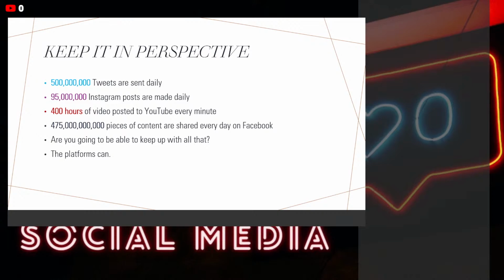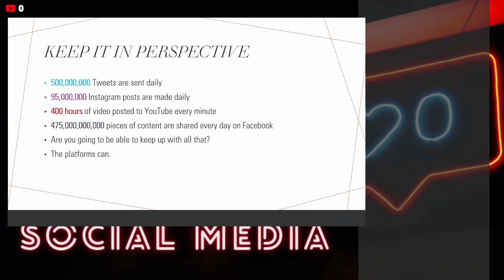Twitter has the means in place, although I'm less confident about it now than I was a year or so ago. Twitter has the means in place to be able to keep track of all the tweets, all the likes, all the retweets. That's part of their business model. It's part of what keeps them afloat, gets advertisers. So they have the means to keep track of all of that.